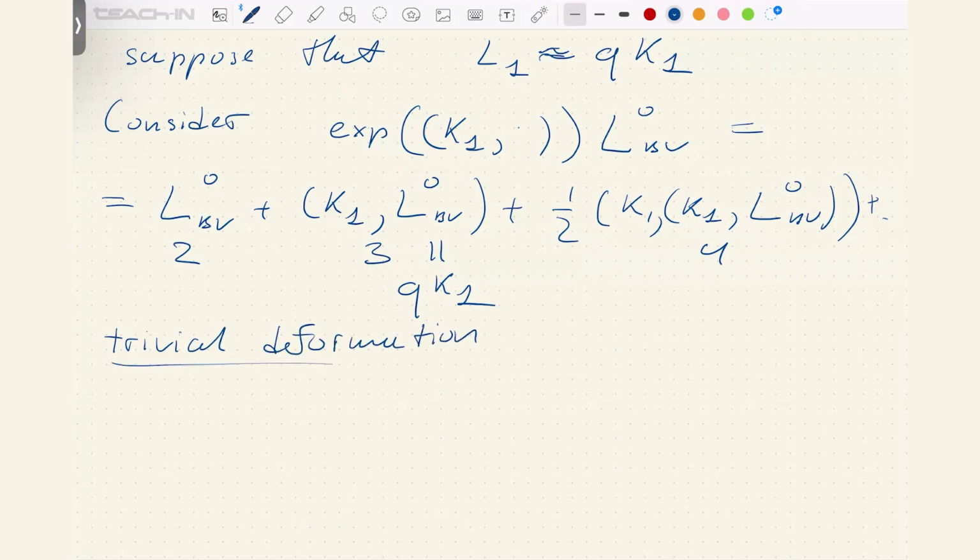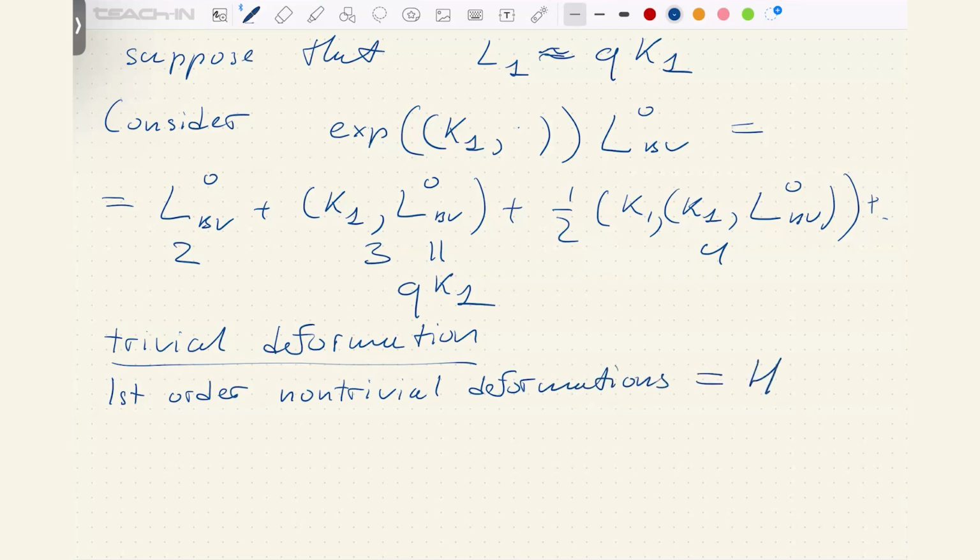In other words, what we conclude is that first order non-trivial deformations are nothing but cohomology in degree 0 of our Q in local functions, let's say, of homogeneity degree 3.